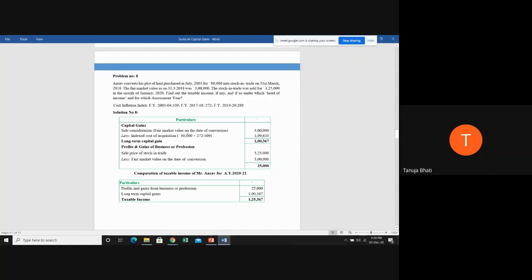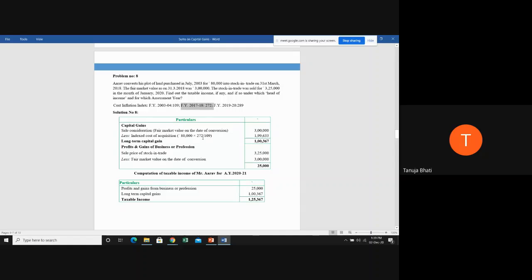So 80,000 is the cost of acquisition into the CII of which year? The year when the capital asset is being converted. So it is converted in which year? 31st March 2018. So which previous year does it fall in? 2017-18. So what is the CII of the year 2017-18? It is 272.